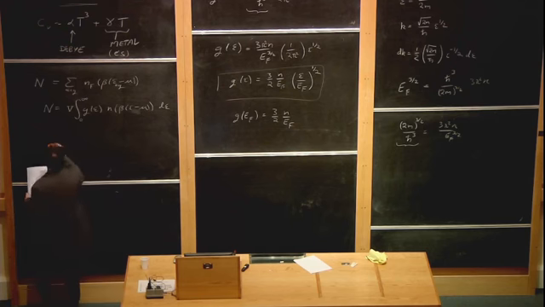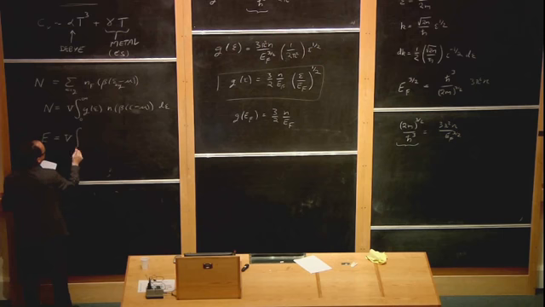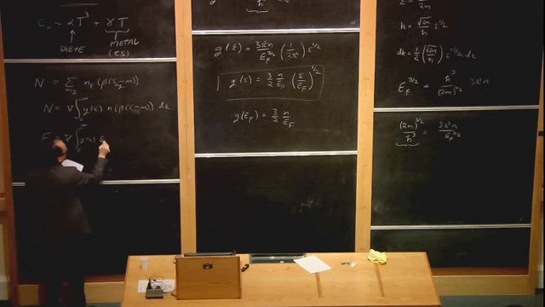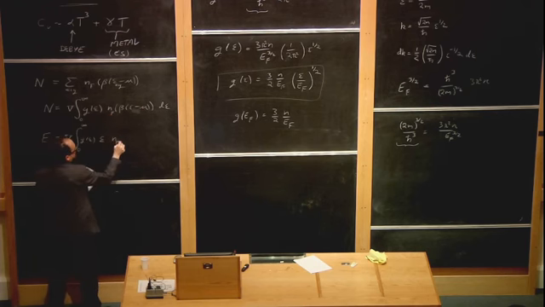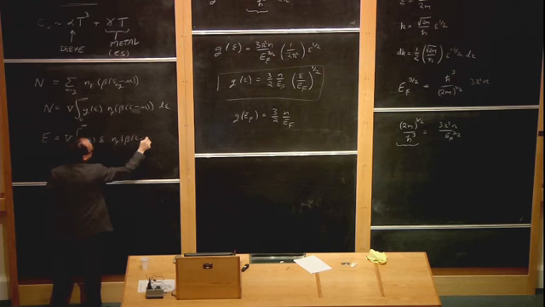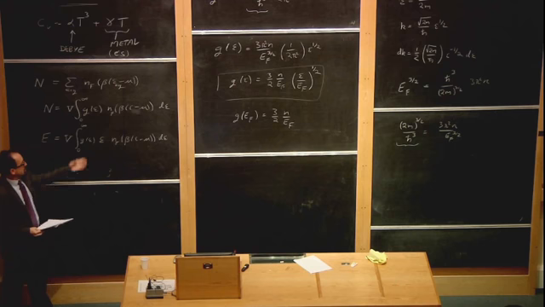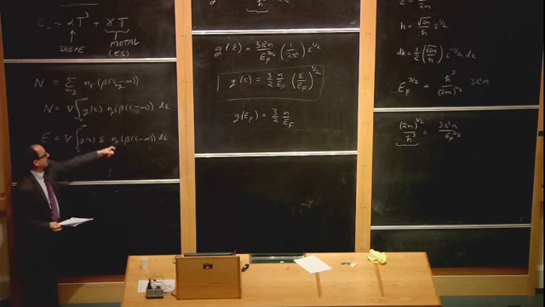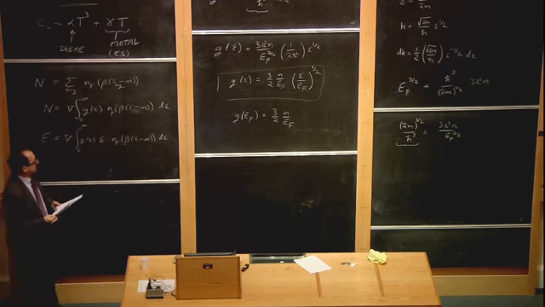Once you had the chemical potential, you could write an expression for the energy in the system, again integrating over all states. But now you integrate the energy times the probability that a state is filled. So instead of just counting the particles, you count the particles times their energy to get the total energy in the system.